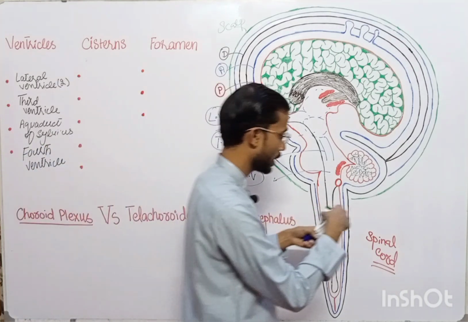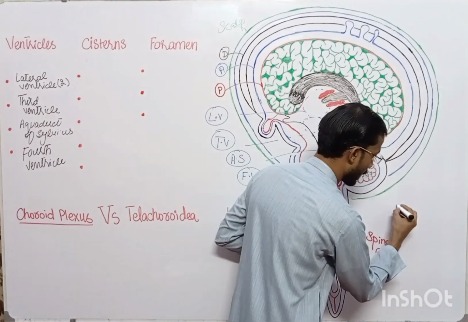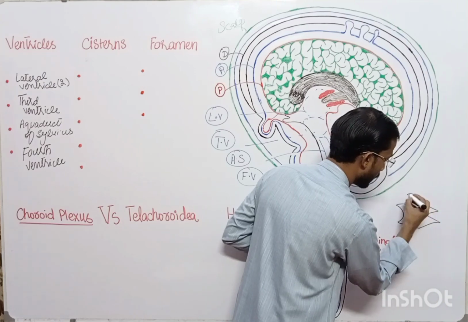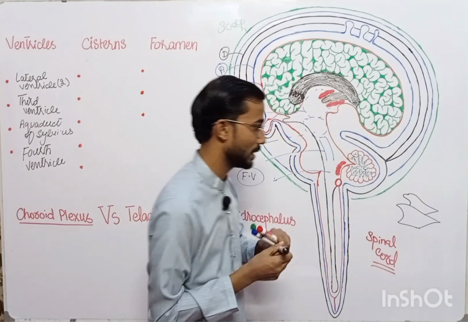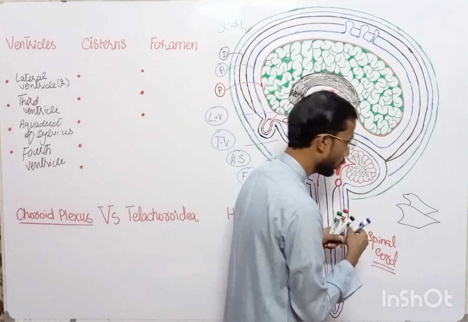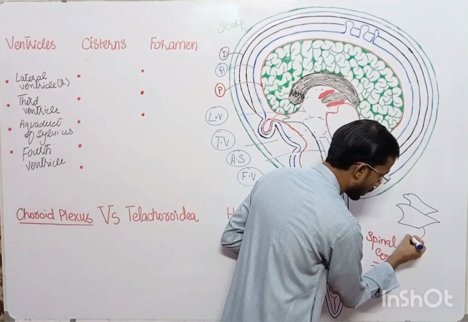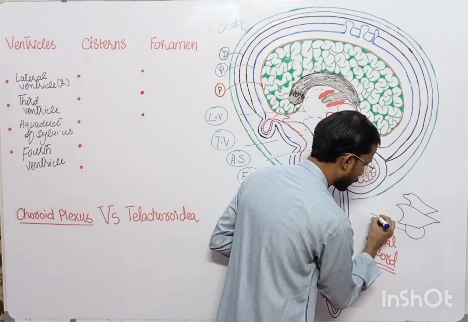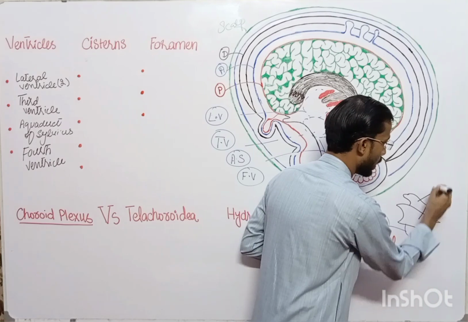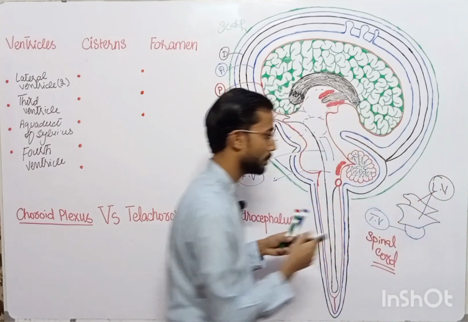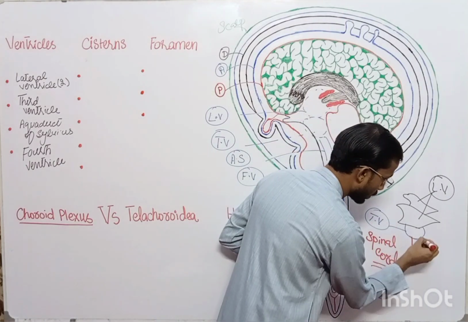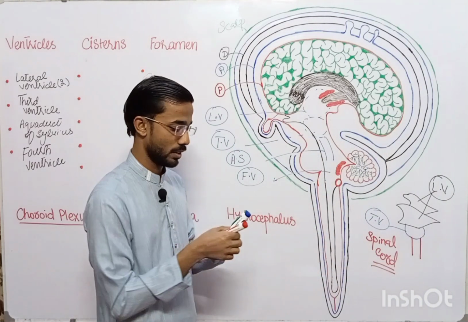If I show here, then you can easily understand. Here are the structures of the ventricle. These are the two lateral ventricles, and below the lateral ventricles there is the third ventricle, and then there is the aqueduct of Sylvius.